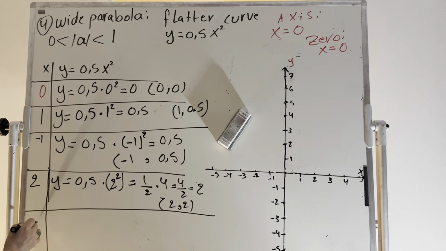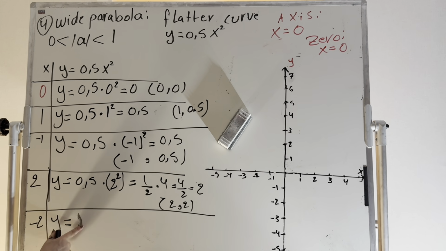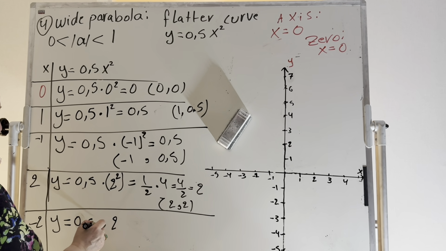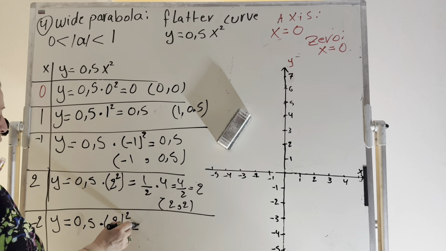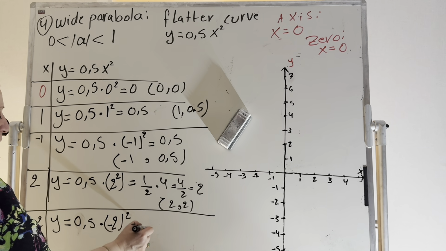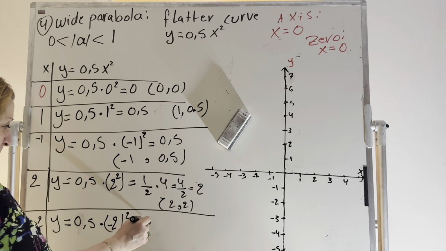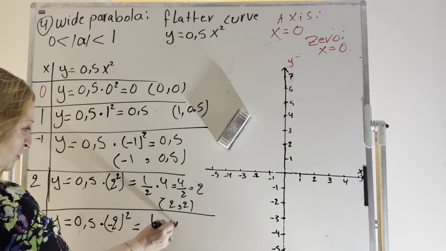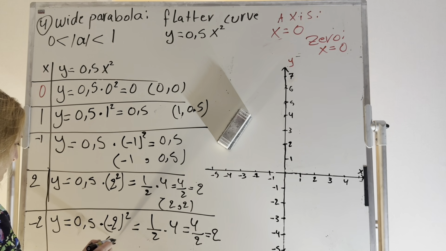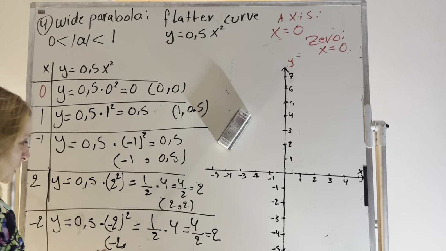And when x equals minus 2, y equals 0.5 by minus 2 squared, this will be positive because minus 2 by minus 2 equals 4, and half by 4 equals 4 divided by 2 equals 2. So when x equals minus 2, y equals 2.